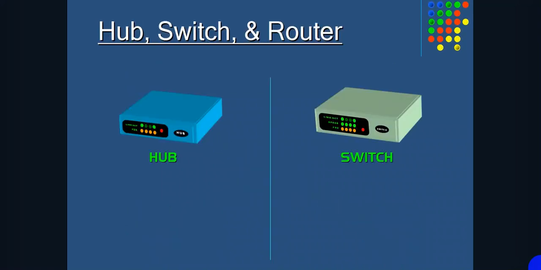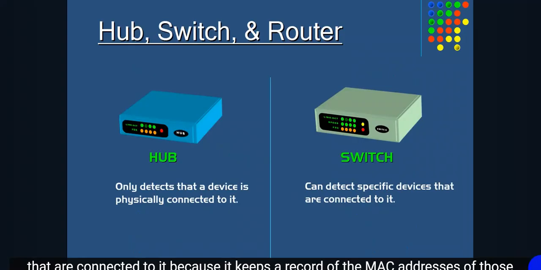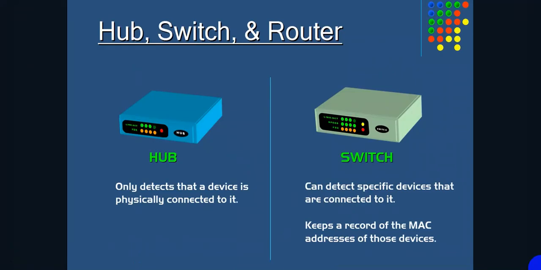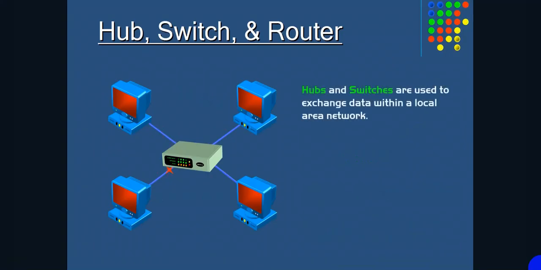So as a review, a hub only detects that a device is physically connected to it, and a switch can detect specific devices that are connected to it because it keeps a record of the MAC addresses of those devices. And switches are used to exchange data within a local area network, for example, in your home network or in a business.